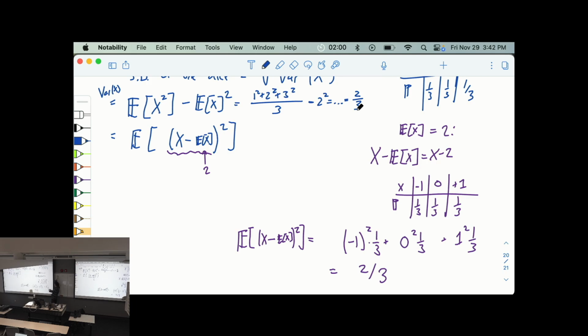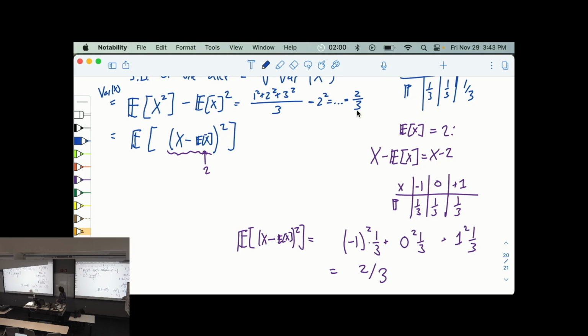Okay, yeah. I think this way is a little bit faster because you get to skip the step where you simplify this fraction. It's either 1 above the mean or -1 to the mean, and then when you square it, they both give a contribution of 1. A lot of 1's, nice when the expected value of x is a nice number.